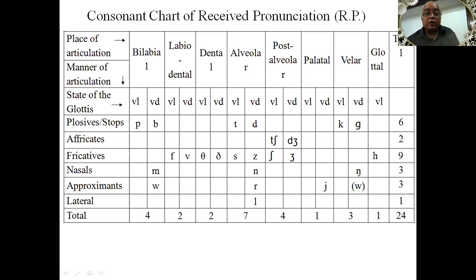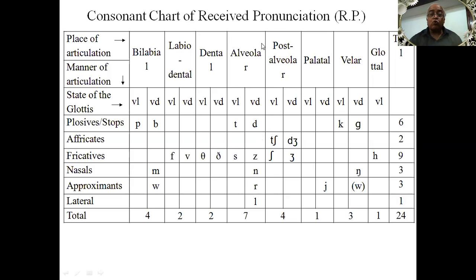Ch is a voiceless sound for the same old reason: the vocal cords are held apart from each other and the air passes through. There is a wide gap and the air passes through. There is no vibration. So we get a voiceless sound.